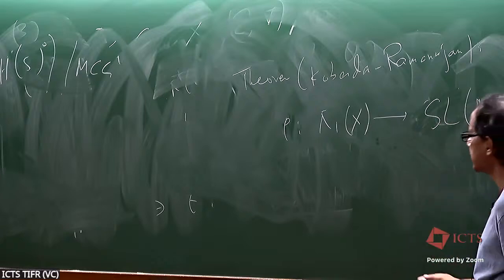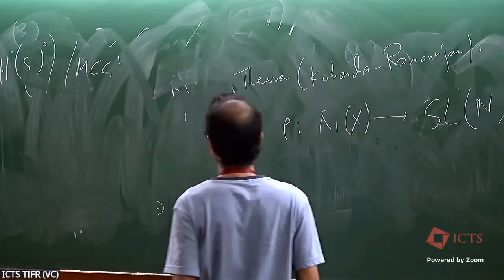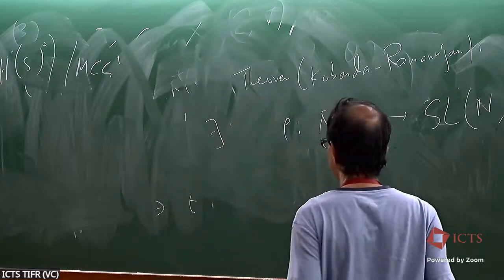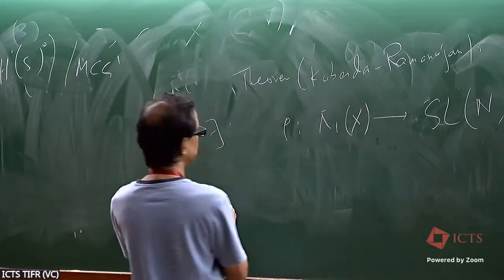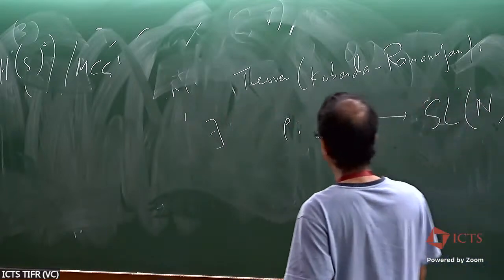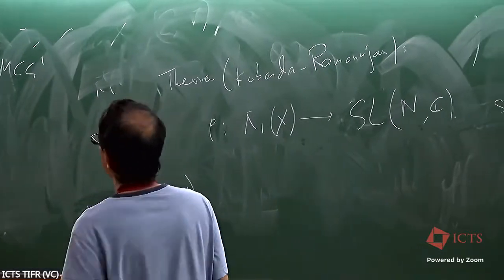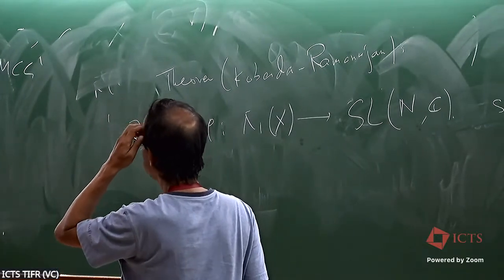There are rho such that there exists rho such that now I write down the properties. So what is property number 1?